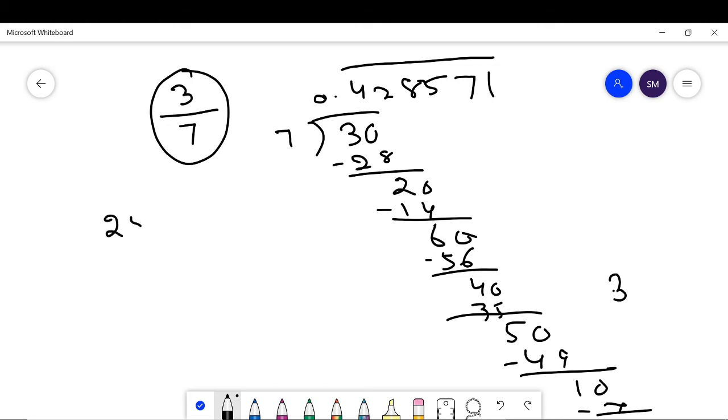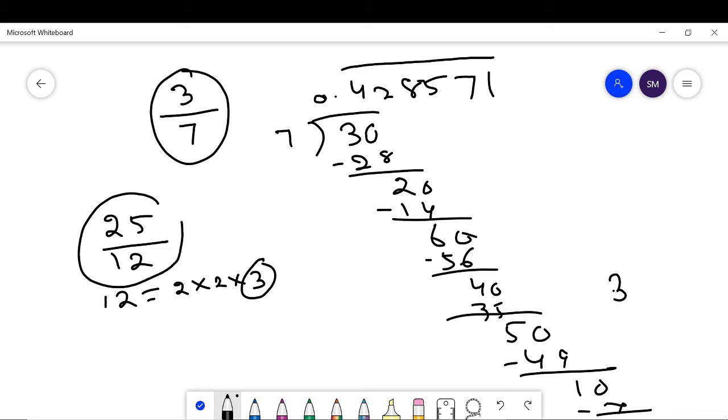Suppose we get the number 25 upon 12. When we prime factorize the denominator 12, we get 2 into 2 into 3. I have told you before that when we prime factorize the denominator and it gives only 2 and 5, then the number can be represented as a terminating decimal number. But here 12 is 2 into 2 into 3, so the 3 is here.